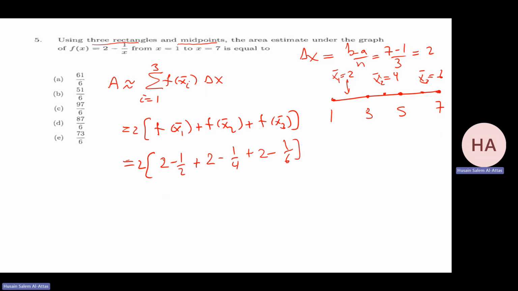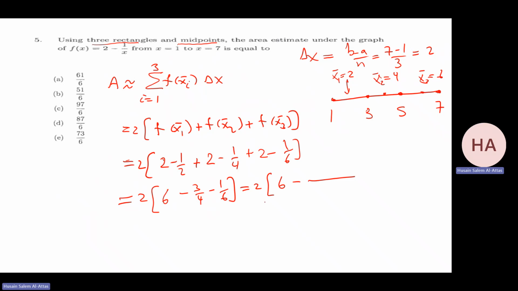Okay, so my answer is 2 times 2, 2, 2, that will be 6. Minus 1 over 4 minus half, that will be minus 3 over 4. Minus 1 over 6. That will be 6 minus.